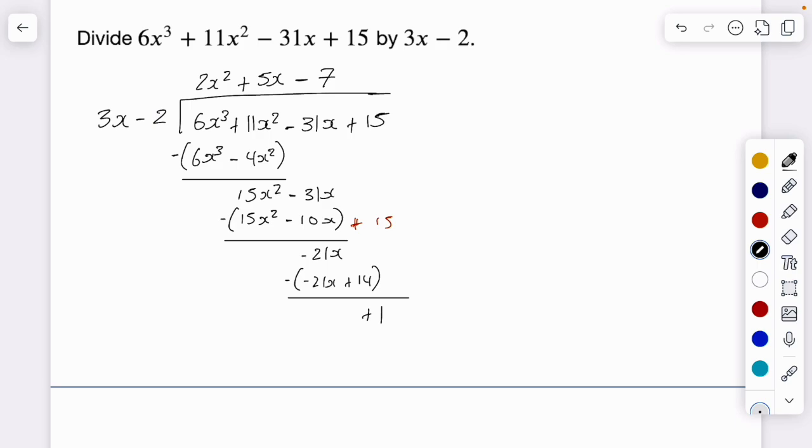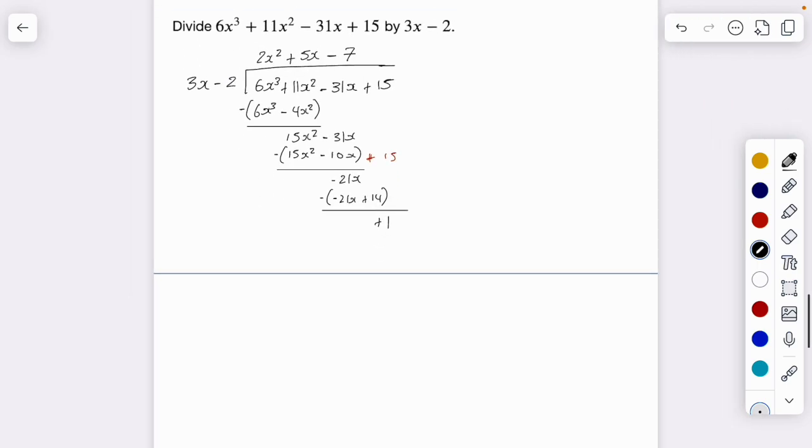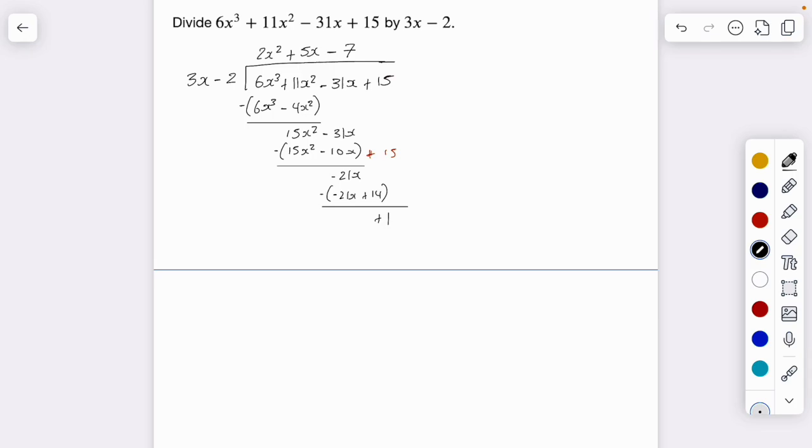What does that look like? Well, if we've got a remainder of 1, what we're going to say is we're going to have this. So 6x cubed plus 11x squared minus 31x plus 15.